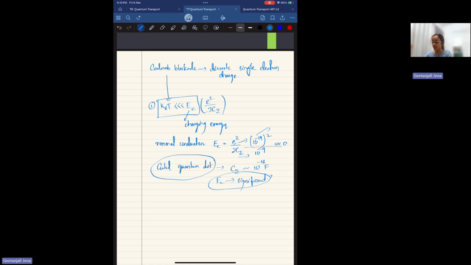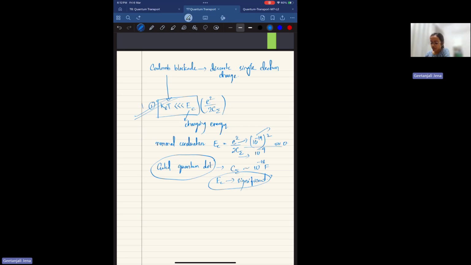Whenever the gate voltage exceeds this energy scale of charging energy, there will be a peak in the conductance because of the tunneling of the charge carrier to the quantum dot region, the conducting island region where the quantum dot is present. So this is one of the conditions to see the Coulomb blockade effect.